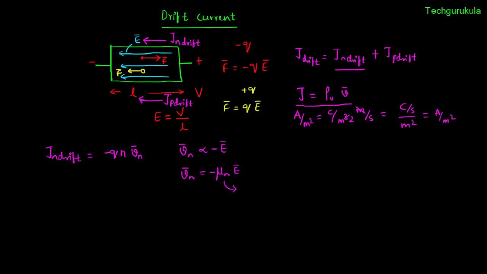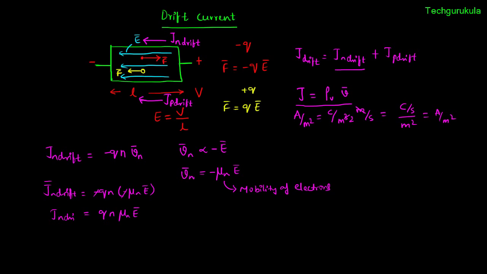This proportionality constant, mu n, is called the mobility of electrons. So we can write Jn drift is equal to minus q n times minus mu n times E bar. We have seen at the start that the current density is a vector quantity. The minus minus cancel, so Jn drift is basically equal to q times n times mu n times E bar.